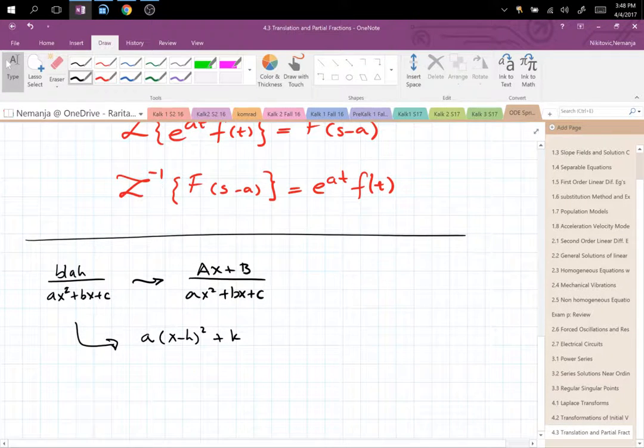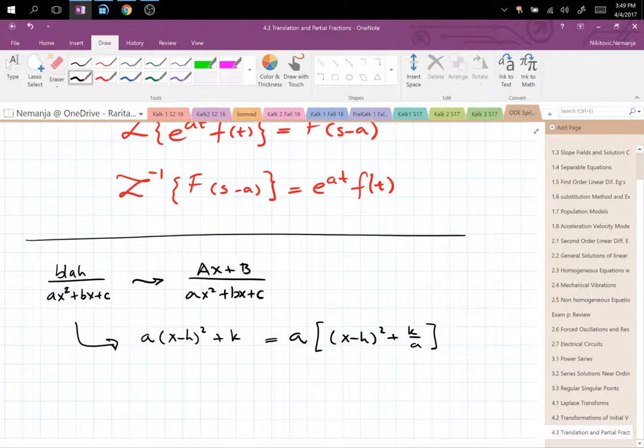And then you can factor out a and get x minus h squared plus k over a. So now it is k over a, you can call some new letter. And then eventually you can take a square root of it as well, and then you will have a completed square there.